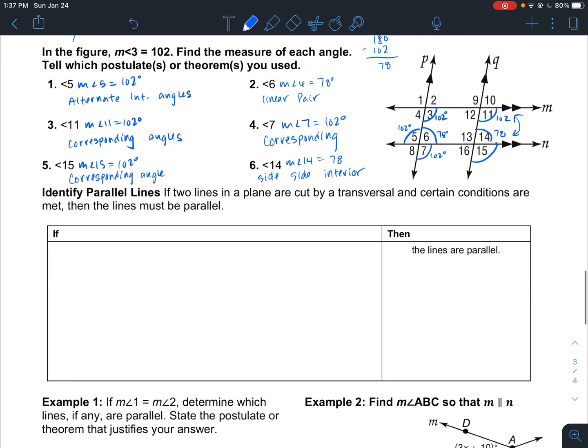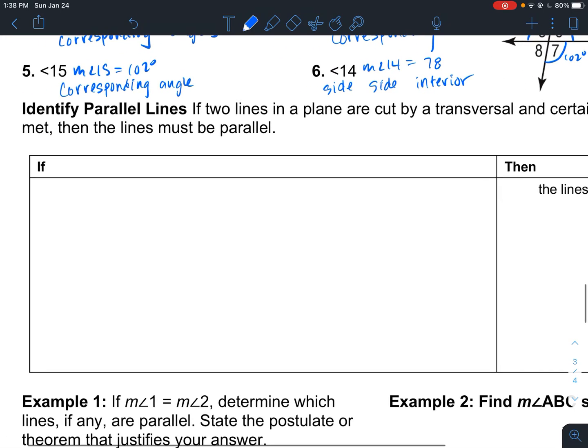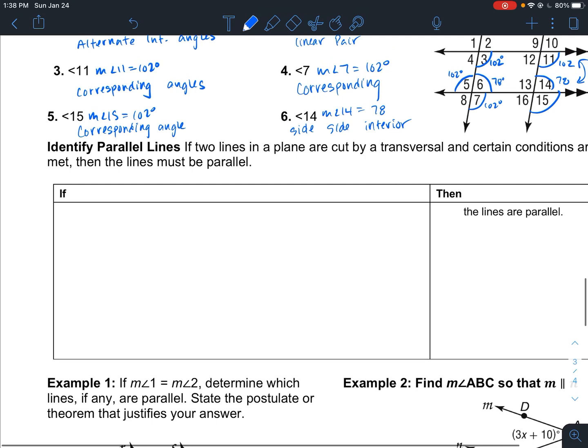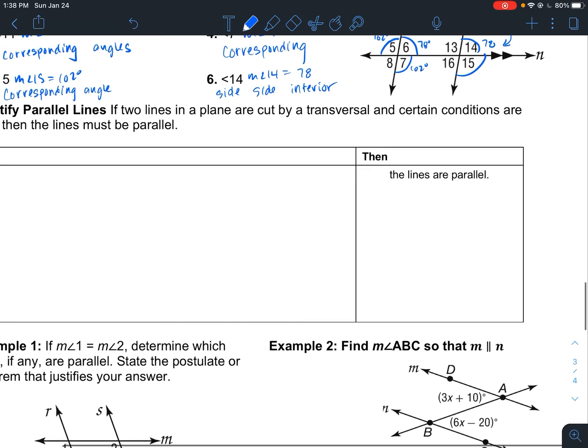Okay, let's come down here. Identify parallel lines. We can identify parallel lines if two lines in a plane are cut by a transversal and certain conditions are met, then the lines must be parallel.